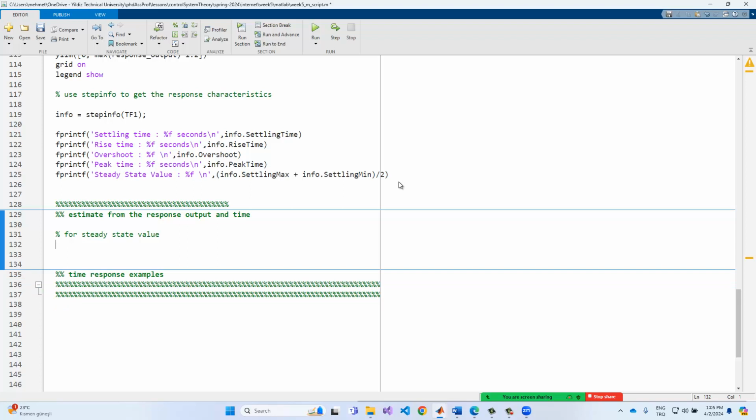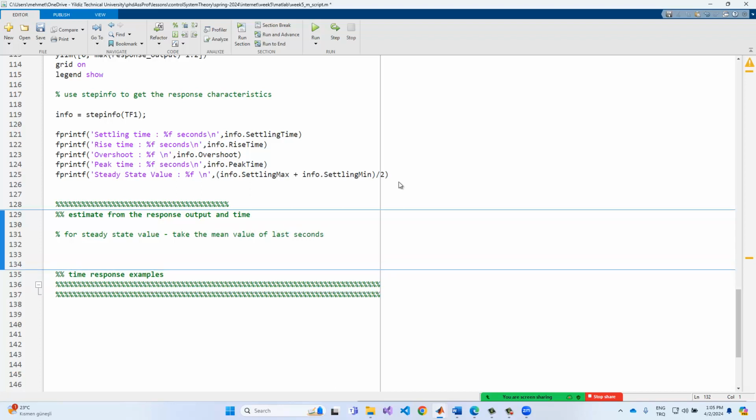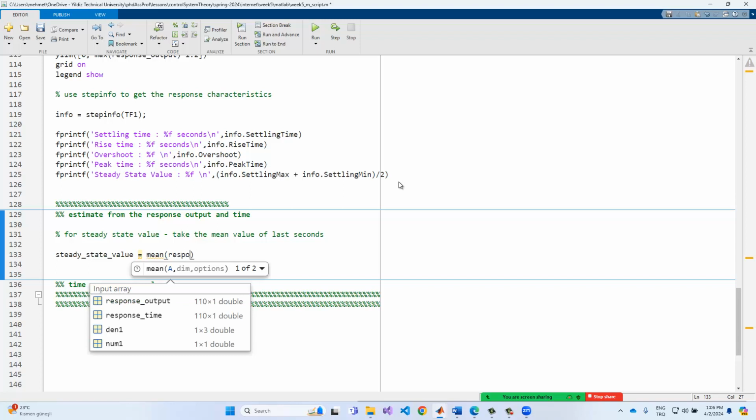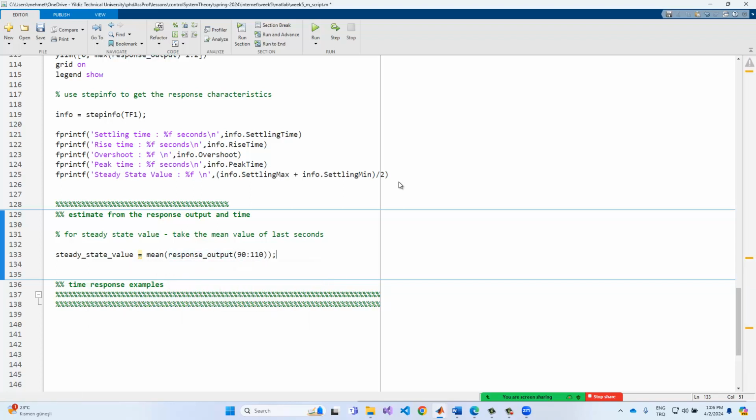In order to calculate the steady state value, we need to take the mean value of the last seconds or some period. The steady state value can be calculated correctly as the mean of the response output from 90 to 110.